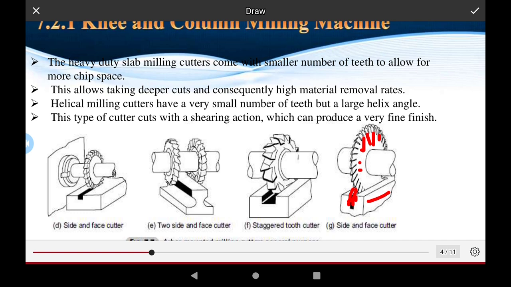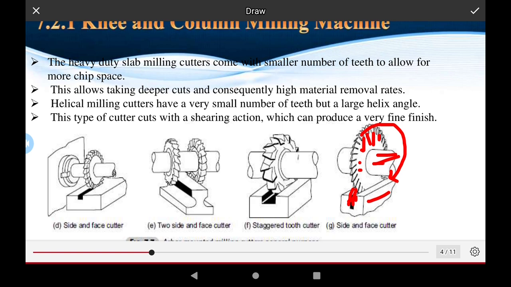The tool moves in the clockwise direction, and the shaft is mounted with the milling tool. This is the shaft of the workpiece, and the side and face cutter of the machine.